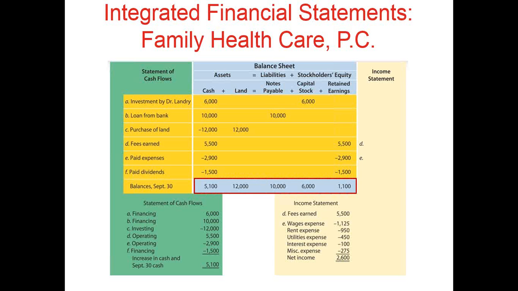We have our balances for our balance sheet. We see that our cash balance equals the balance on the statement of cash flows. And we also see that our net income equals the difference between our fees earned and our expenses that we paid.